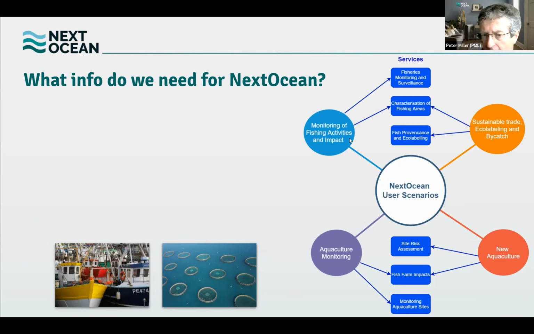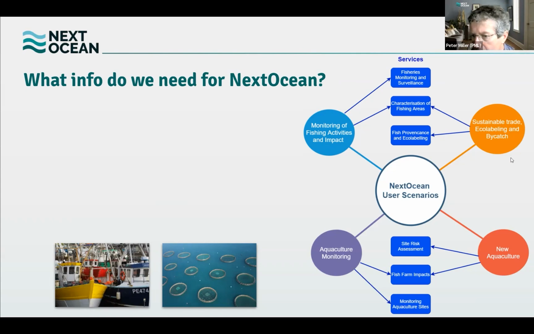Then on to capture fishing. There are various user groups interested in monitoring fishing activities and their impact, for instance surveillance and illegal fishing. And the final one is on sustainable trade, to do with the eco-friendly side of fishing.